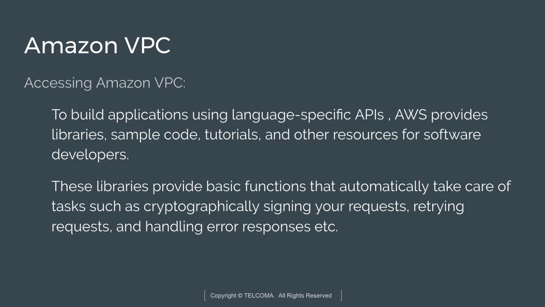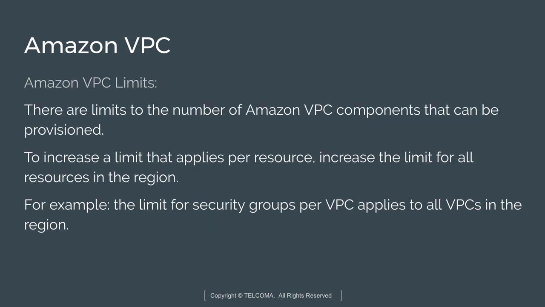To build applications using language-specific APIs, it provides libraries, sample code, and tutorials for software developers. But we have to take care of tasks like cryptographically signing requests, retrying requests, and handling error responses, etc.